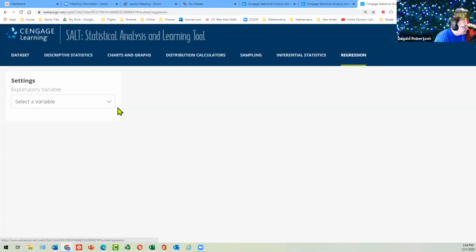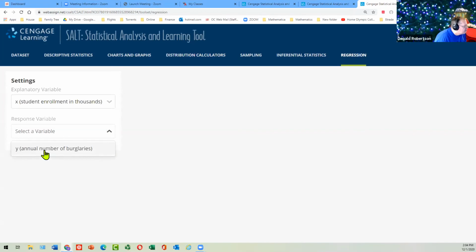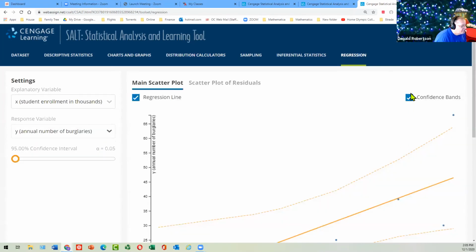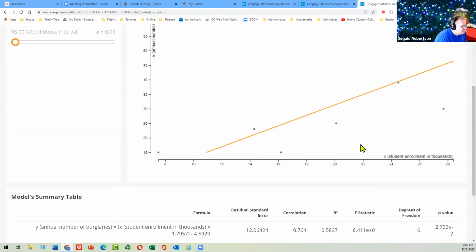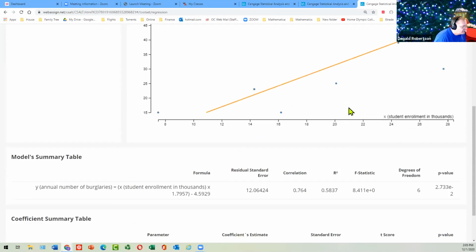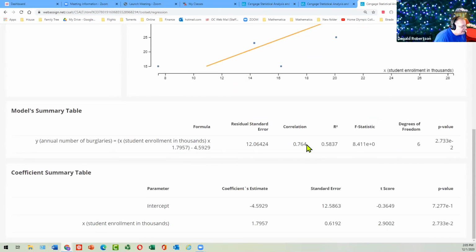Hit regression. And the variables are number of students, how many robberies there are. That doesn't look particularly straight to me. I mean, it's quite ziggy-zaggy. And how about our first correlation that's just moderate?